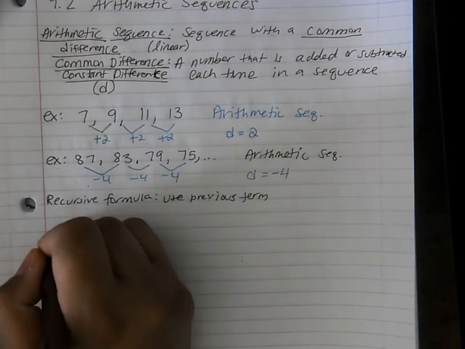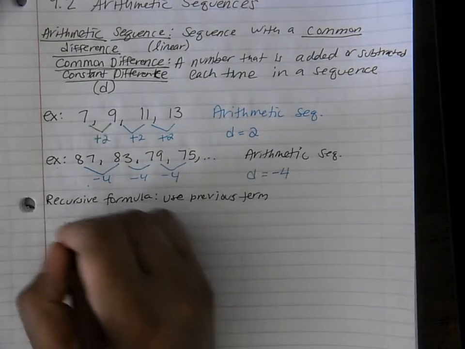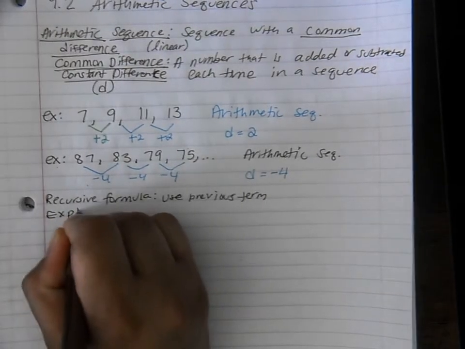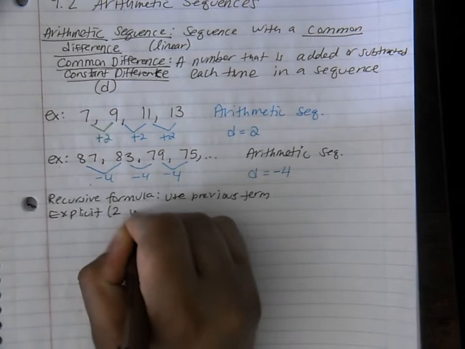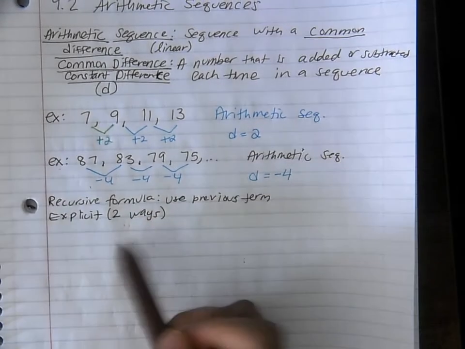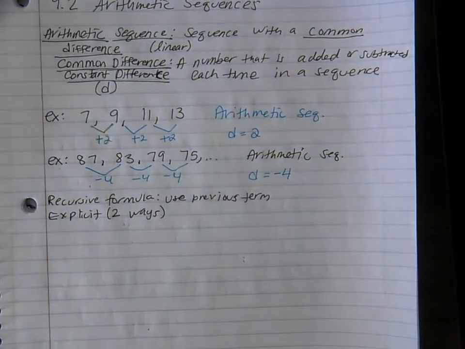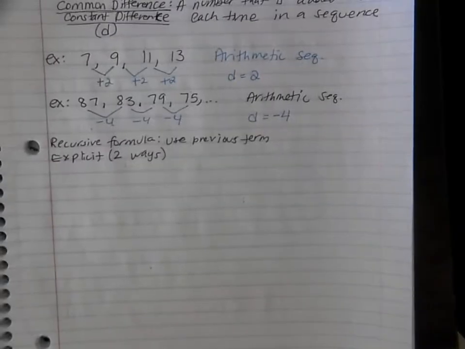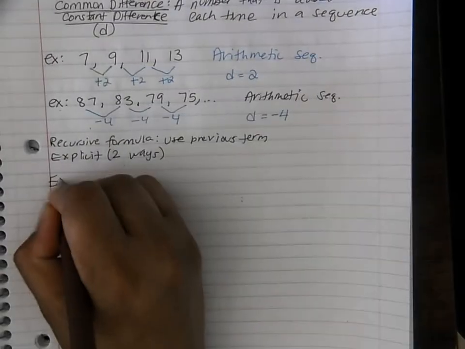So let's use an example. For explicit, there are going to be 2 ways, and I'll show you what those are in just a second. First, let me give you an example that we'll work with for each of these scenarios.